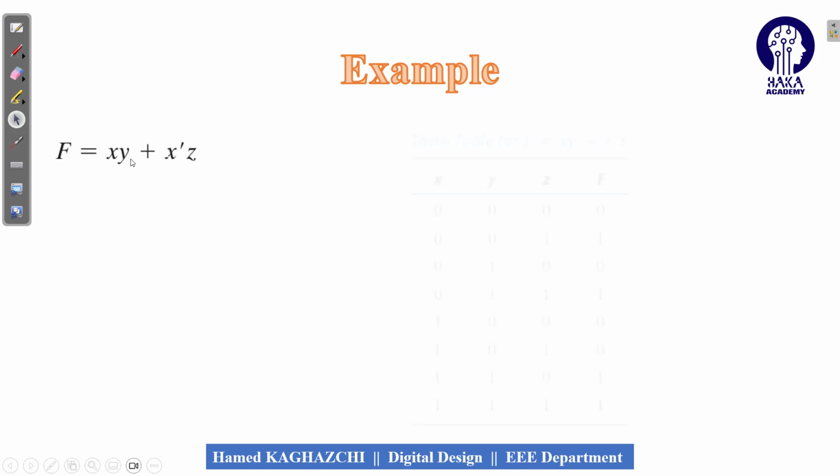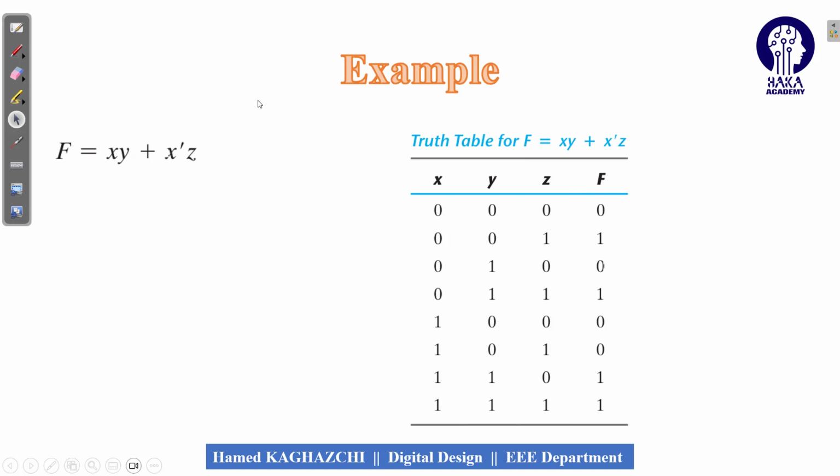We said that the simplest way is finding the truth table that you can see here. After finding the truth table, everywhere I have one, I can write the minterm if I want to represent it as a sum of minterms.